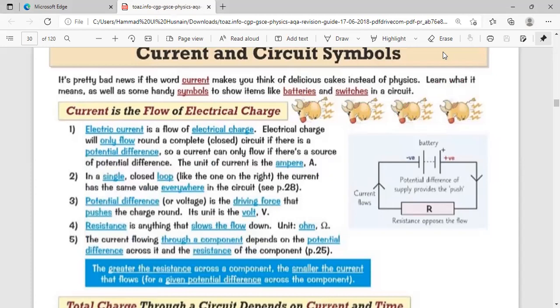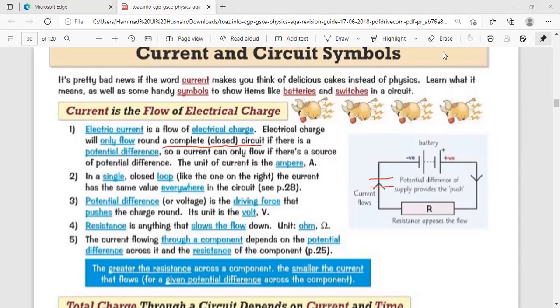Now there is another important thing which you need to understand: it's written that the current will flow only around a complete or closed circuit. What does this mean? It means that the current will only flow if it has a complete path. Let us say, for example, that the wire is broken from here.